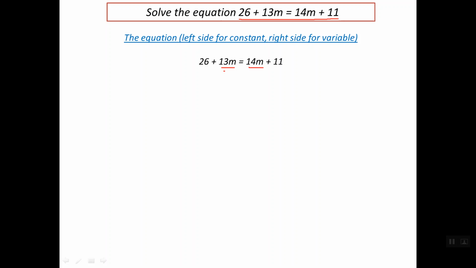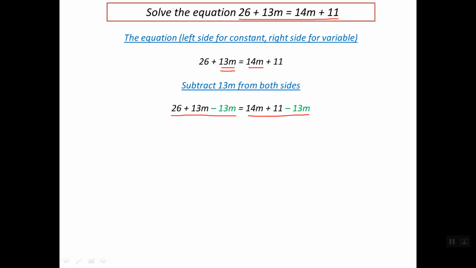So what we need now is to cancel the 13m. So simply we can subtract 13m from both sides. So the left side becomes 26 plus 13m minus 13m, and the right side becomes 14m plus 11 minus 13m. Now we can simplify.